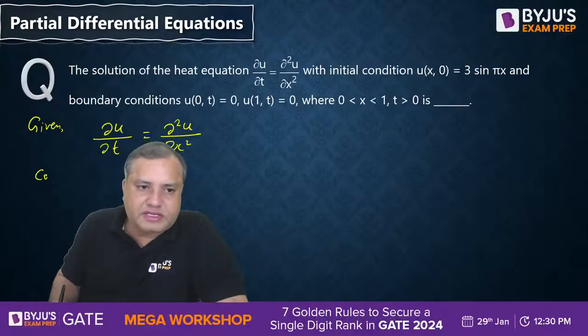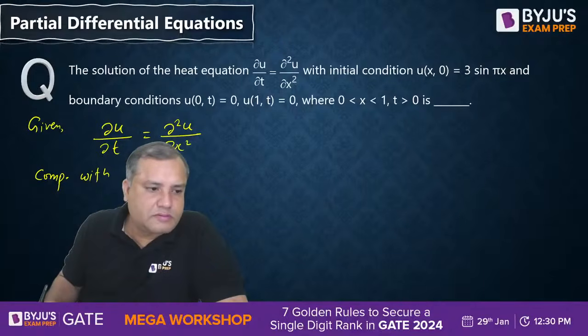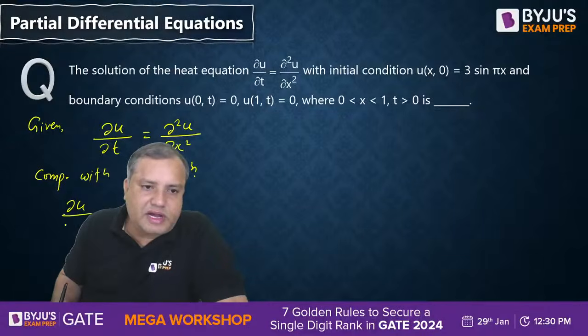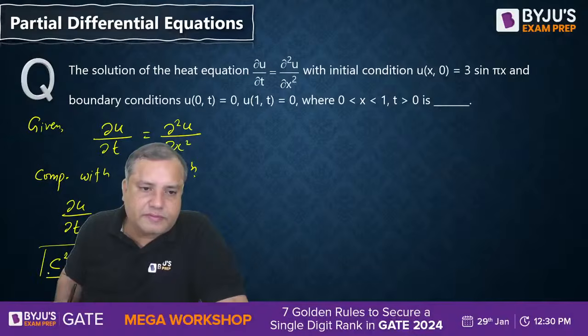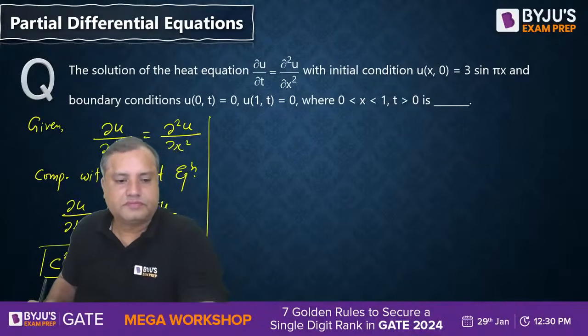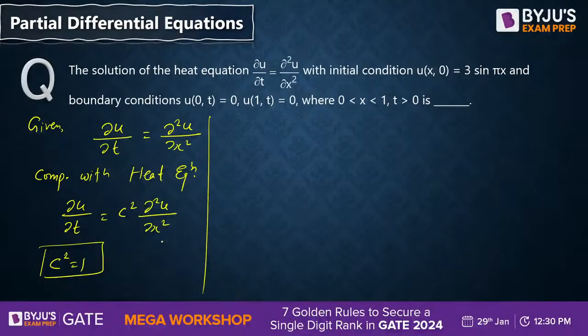If you compare this with the heat equation, del u by del t equal to c square del square u by del x square, you will get c square equal to 1.